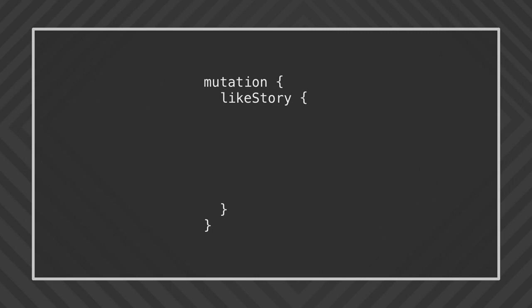So this is actually very aligned with the philosophy of Flux, in that effectively GraphQL exposes a list of centralized mutations, and each one of these mutations just maps to a function that can do whatever it wants. Right? So here we have a mutation called like story, which takes a story ID and likes it. Okay.